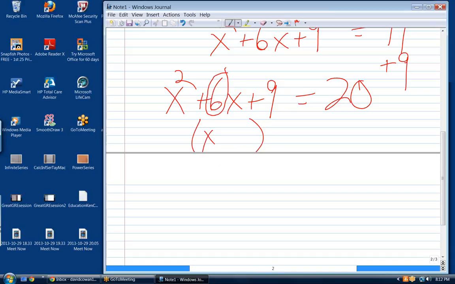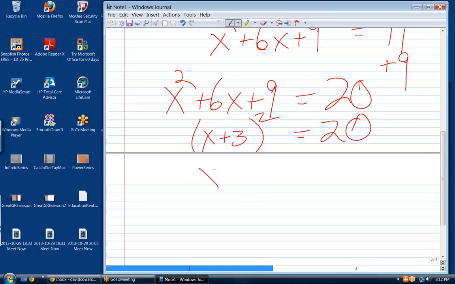Remember when we took half that, we got 3. That's what goes here. Plus 3 squared. Next step. Square root. So now I have x plus 3 equals plus or minus the square root of 20.